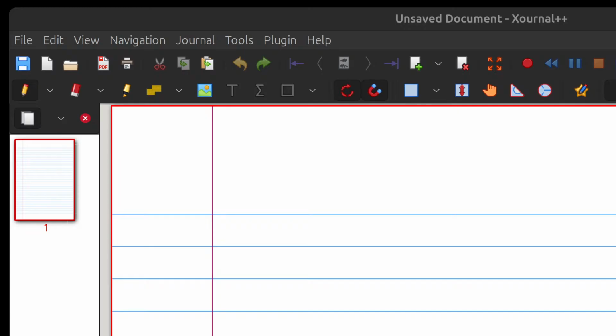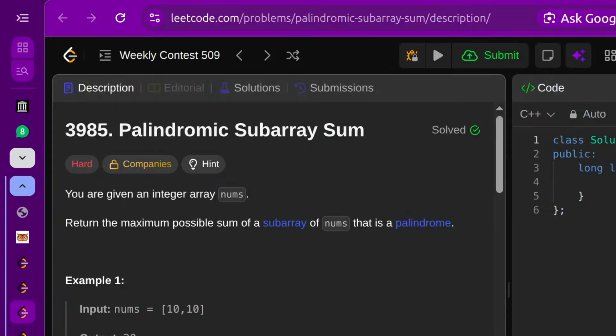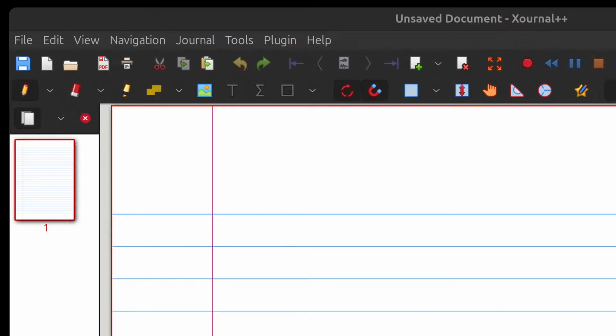All right, guys. This is the question here, right? So we are solving this question. You are given an integer array nums, right?